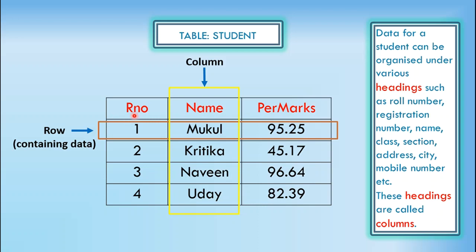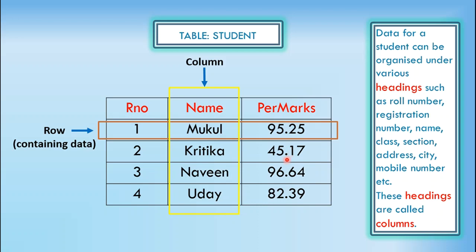The first column, roll number, stores numeric values. These values are integers. Integers are numbers which do not have a fractional part, like 1, 2, 3, -18, -27, and so on. The percentage column stores numeric values. These values are known as real numbers.